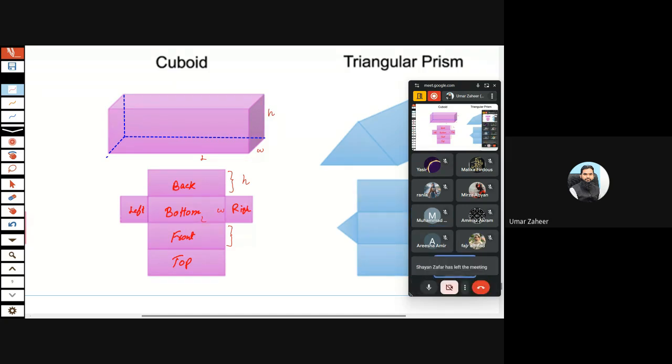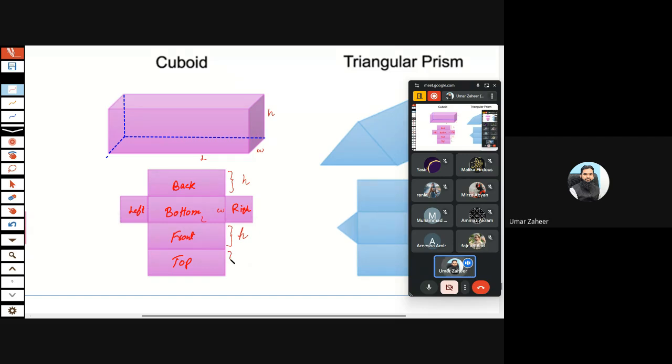Yes, Amaz Akram, can you please tell me what this is? Yes, Arisha, can you please tell me what is length? Is it length, width, or height? That's height. It is height.